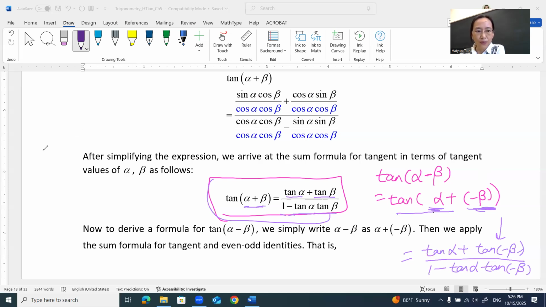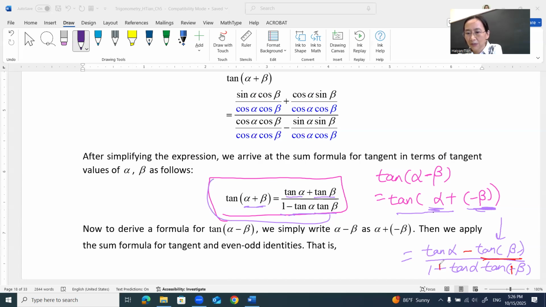So now we can do one more thing, that is tangent negative beta is negative tangent beta because tangent is an odd function. So we can put a negative outside. Tangent negative beta is negative tangent beta, so we can take this negative outside here.